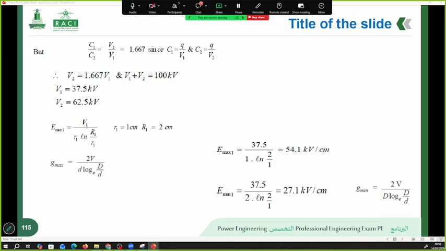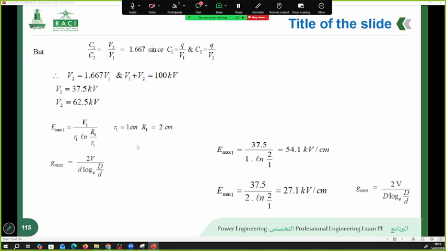So this slide then proceeds to evaluate the maximum electric field in the inner dielectric using the expression E max, and these equations, where the given dimensions are R1 equal to 1 centimeter, R2 equal to 2 centimeter. Finally, the general expression for the maximum electric stress in a coaxial system is presented as G max equal to this equation.